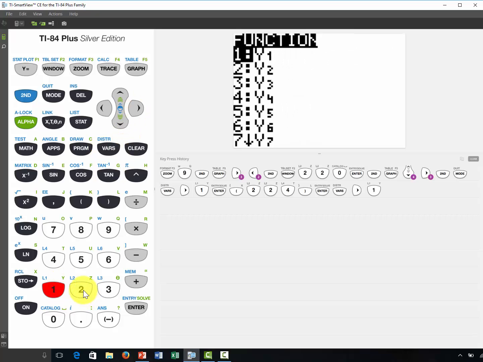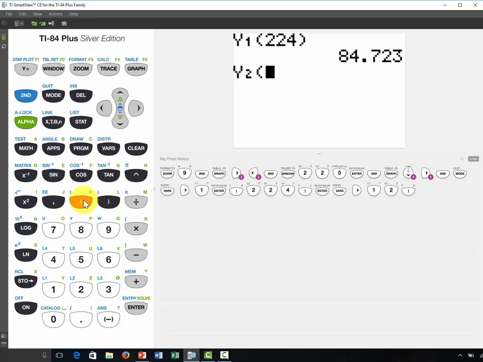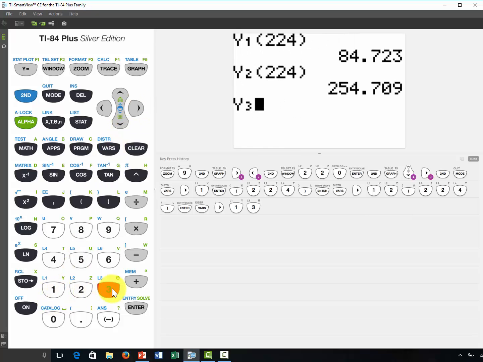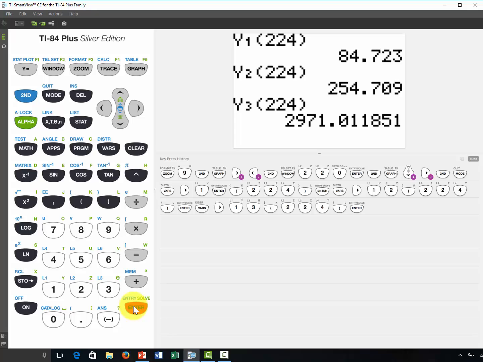This time we want y2, which is number 2. Again, parentheses, put your input, 224, and hit enter. And we have 254.71 million. And lastly, the exponential is in y3. And the exponential is very large, 2,971.01 million.